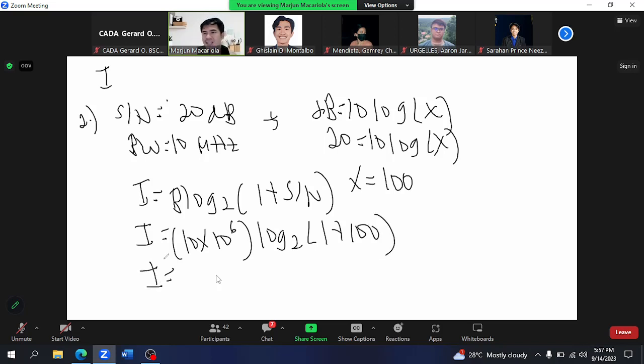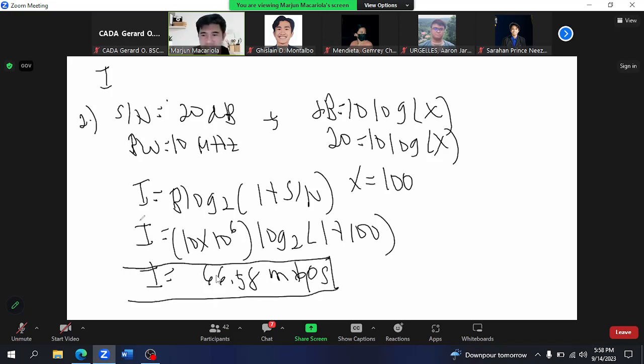Kung pipindutin po natin sa calcu, your answer will be equal to 66.58 megabits per second. That is your information capacity or the maximum data rate.